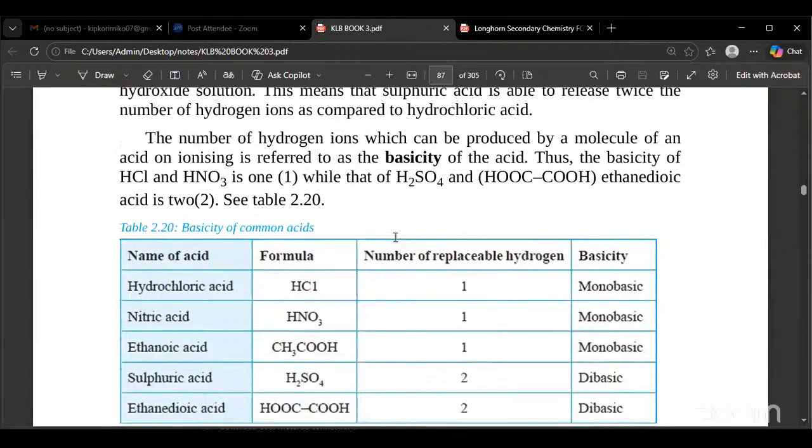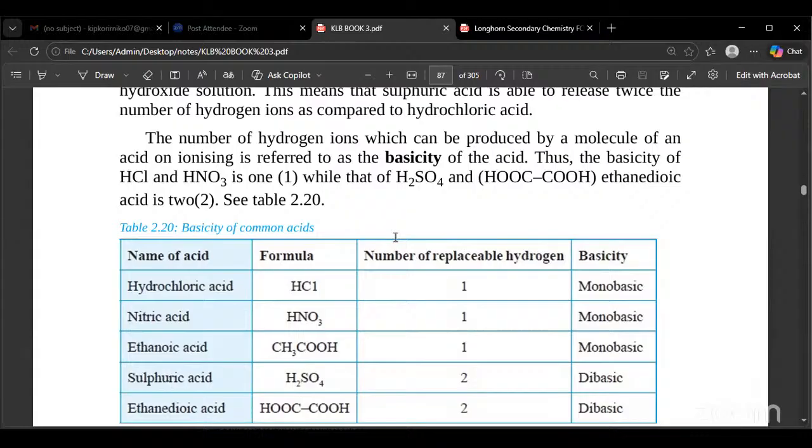The number of hydrogen ions which can be produced by a molecule of an acid on ionizing refers to basicity. I normally tell people basicity is the number of hydrogen ions contained by an acid, which are normally written as acid ions.